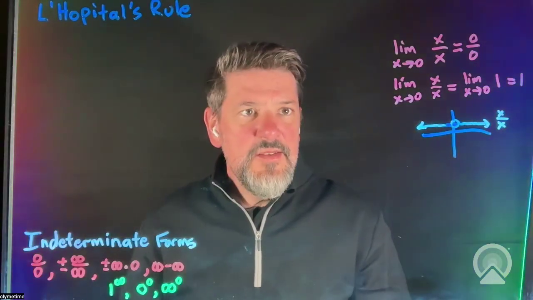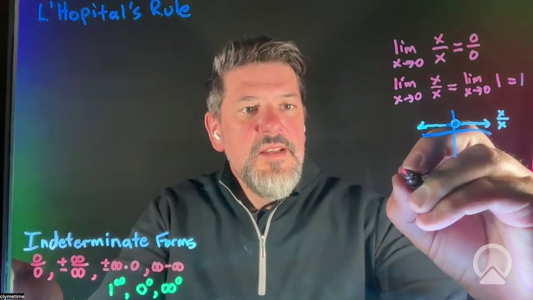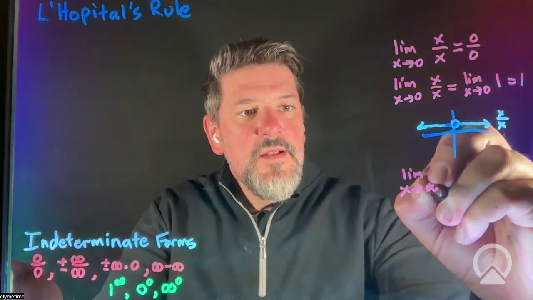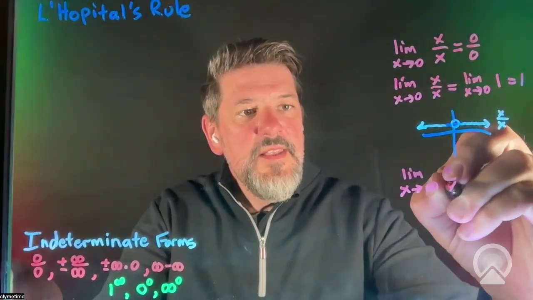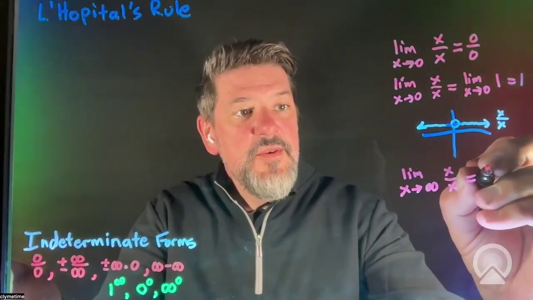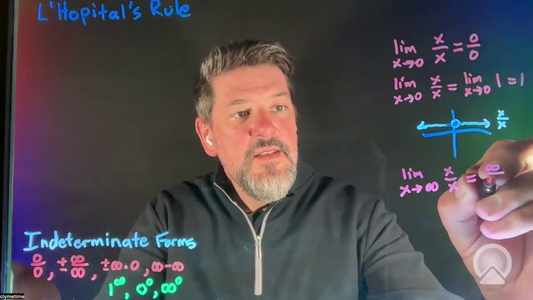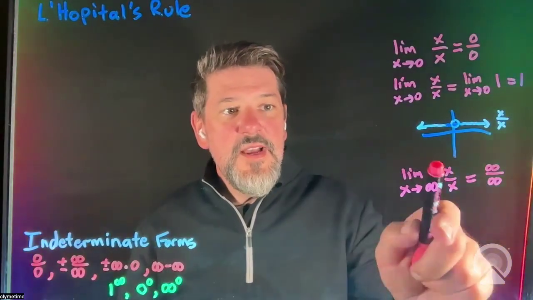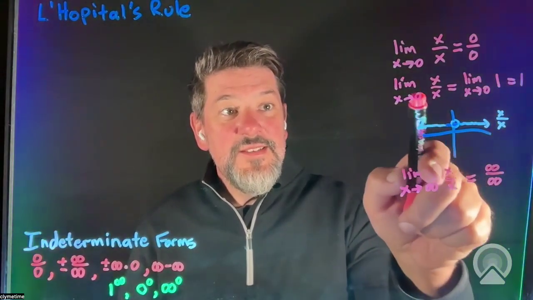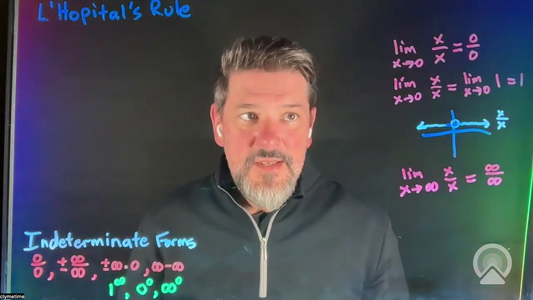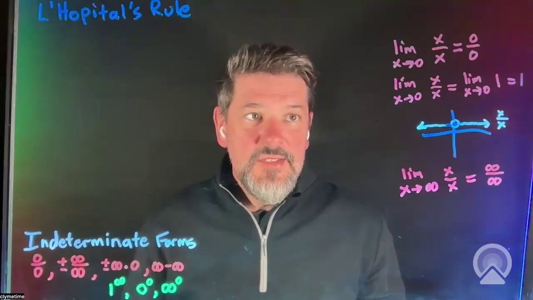I could also take the limit as x approaches infinity of x over x. If I did that, again, the first approach is just plug in. And if I plug in infinity over infinity, that's a problem. I get indeterminate. So whether I am plugging in infinity or plugging in 0, in either case, I get indeterminate, and I need some other technique to figure out what the limit actually is.